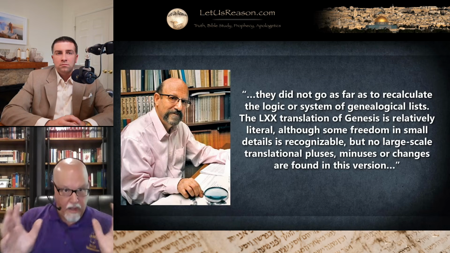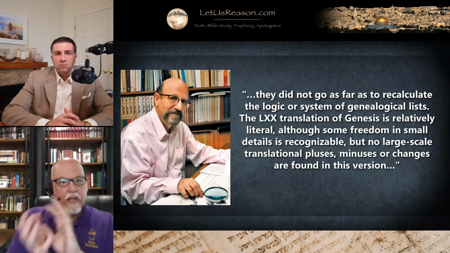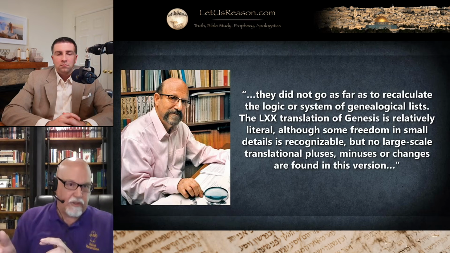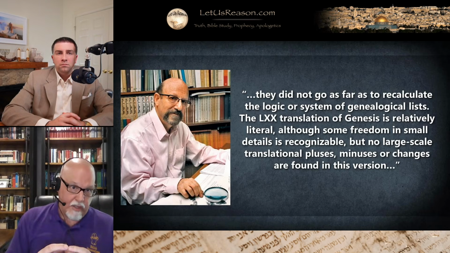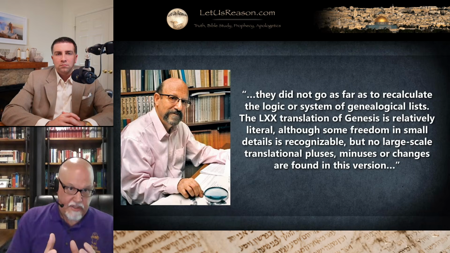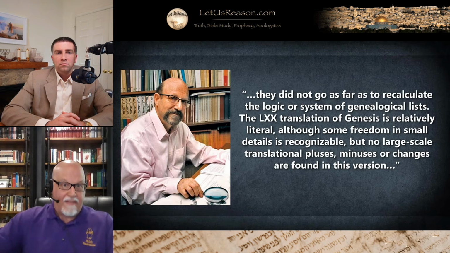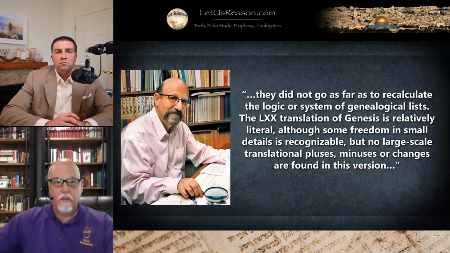They treated it with a high degree of respect. They had some problems with some of the Hebrew, and it's not a perfect translation, but it's a conservative translation. And so if you look at the totality of Genesis, there's nothing telling you that they would have been willing to radically alter the chronology in the way that's suggested by the idea that the Septuagint was inflated.